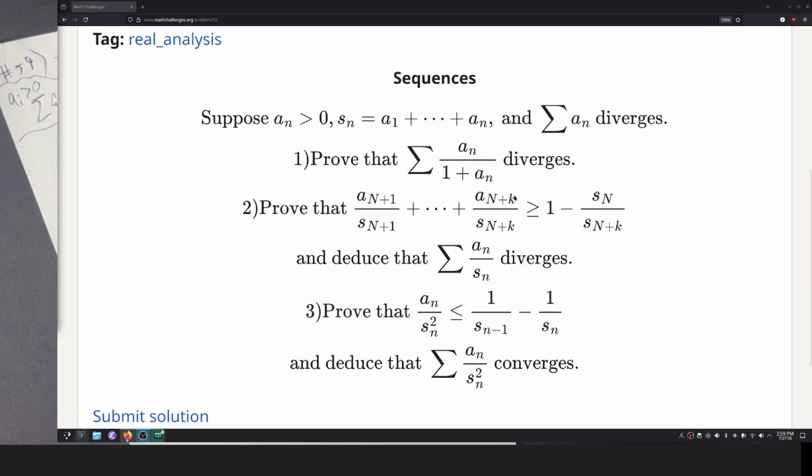So first we want to show this inequality. But then if we had this inequality, then you're telling me that the partial sum of this series, that's this term on the left-hand side, is bounded from below by this junk, which looks like it's going to tend to some positive number.